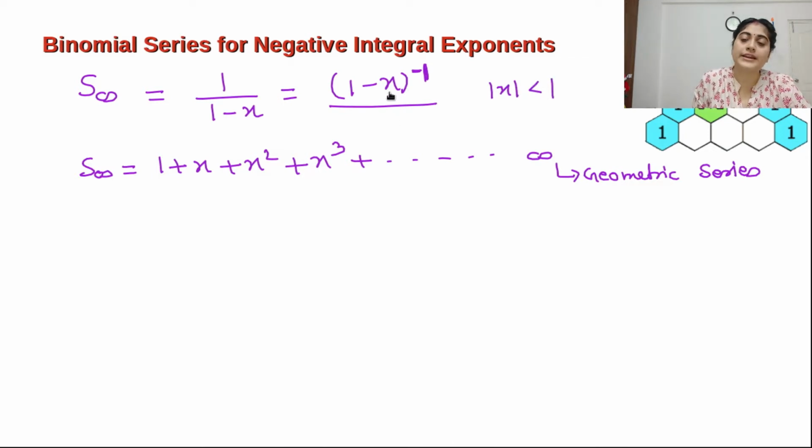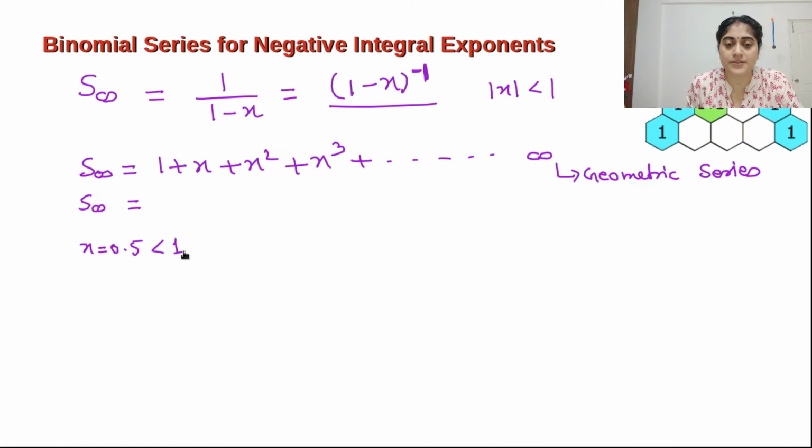If you are taking mod of x less than 1, then how will it look? Infinity terms are there, so how can we put this series? Suppose I am taking x equals 0.5, which is less than 1. It will be 1 plus 0.5 plus 0.5 whole square, like that, going up to infinity.